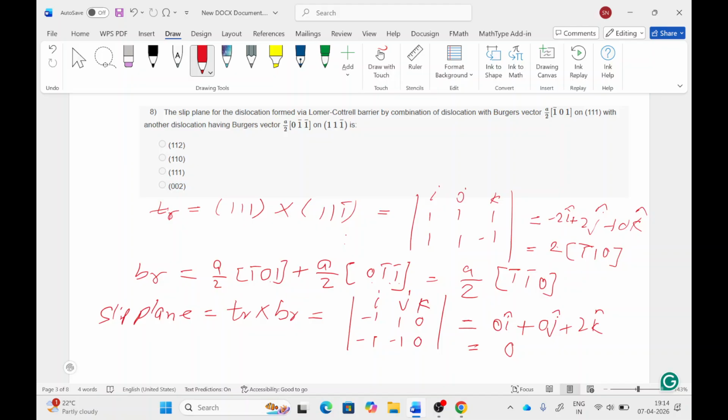So this will be the 002 plane. So 002 plane is option D. We can take out 2 also, so 001 will also be the plane for this location.